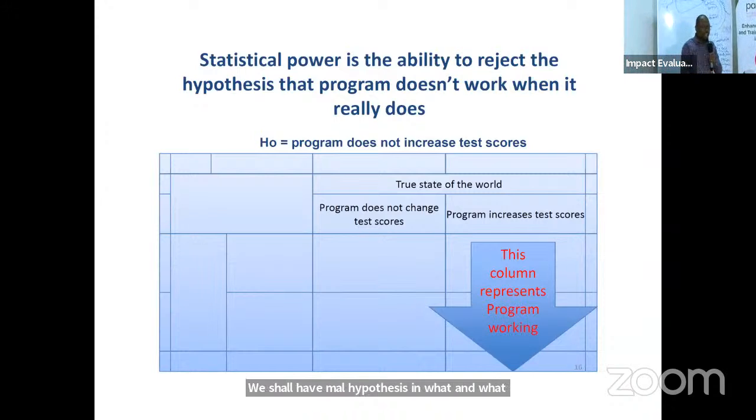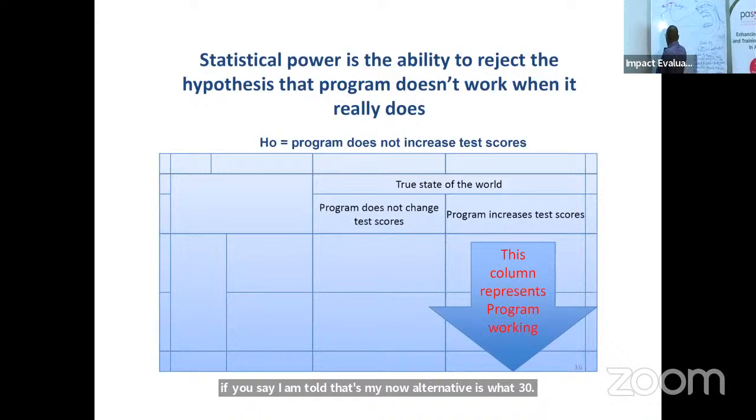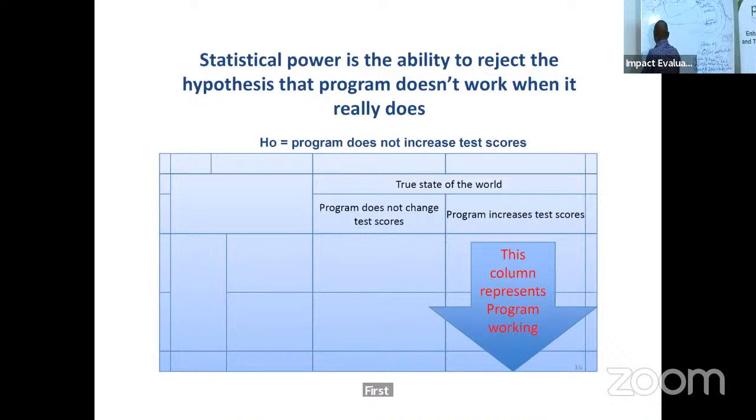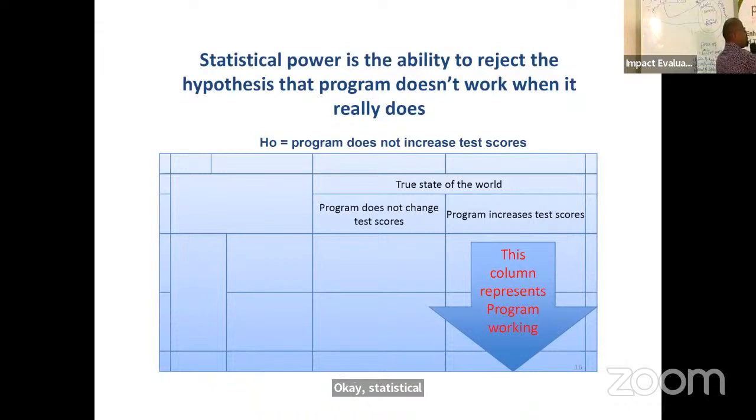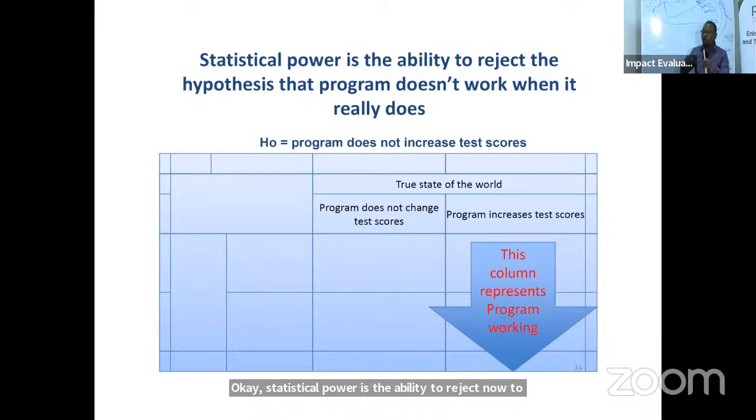If you say I am tall, that's my null. The alternative is the reverse, I am short. Statistical power is the ability to reject the null, to say no to the null that the program doesn't work when it really does.